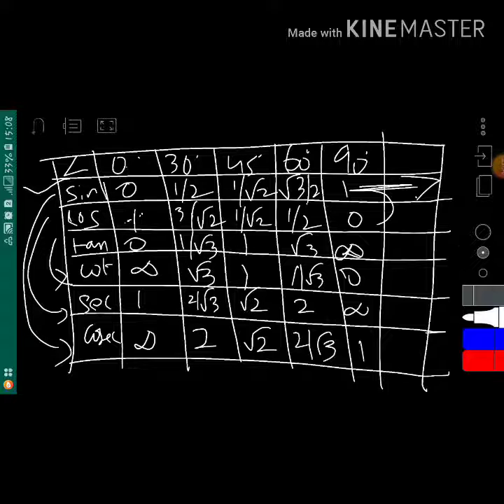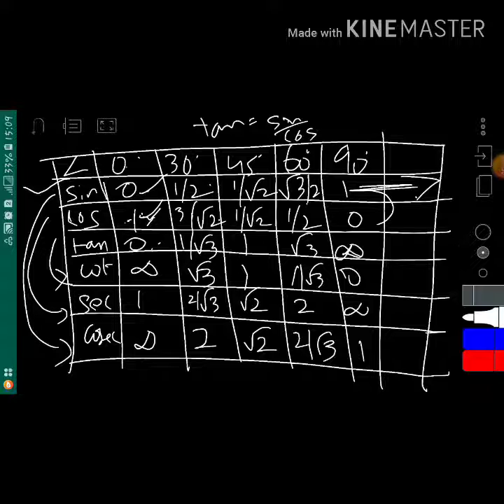Then cos, as I said, as usual, 90 degree will be 0 degree. So this all becomes opposite. And for the tan formula, it can be written like this also: sine upon cos. So you know sine, you know cos, just do it. 0 upon 1 will be 0, this upon this, so you will get 1 by root 3.